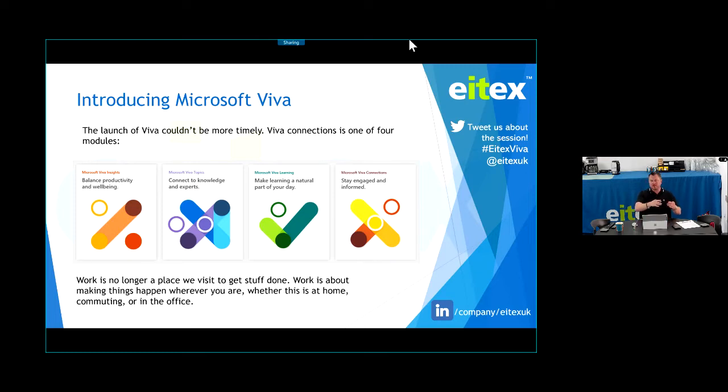If you have training courses, health and safety and those sorts of things, you can publish that on Viva Learning. Viva Learning allows you to see the progress of your employees with regards to the courses they're doing, how far across they are in those particular courses. So 50% on this one, 60% on this one.